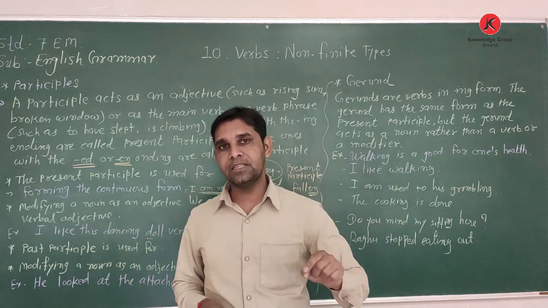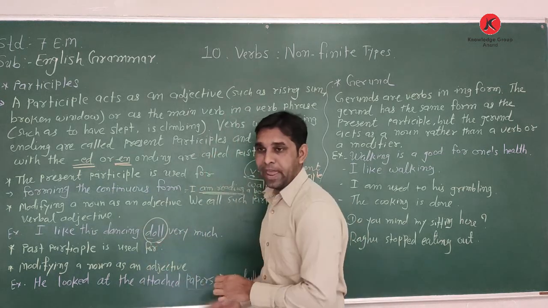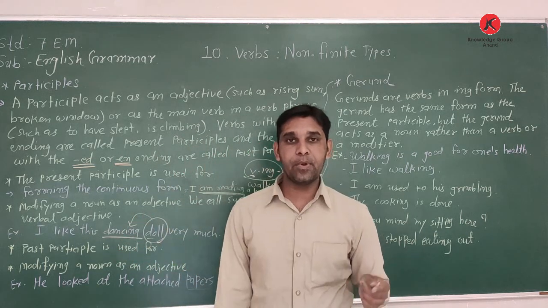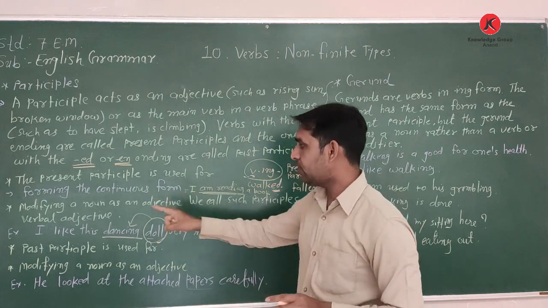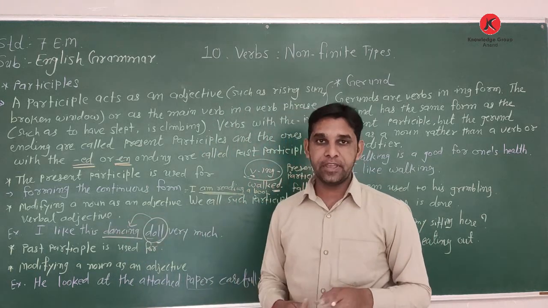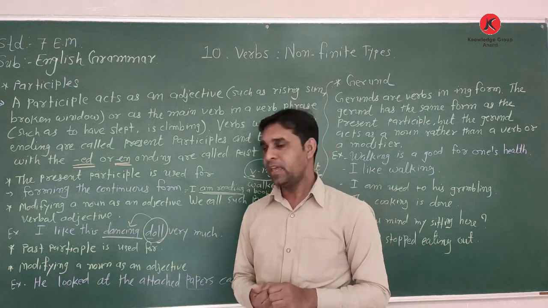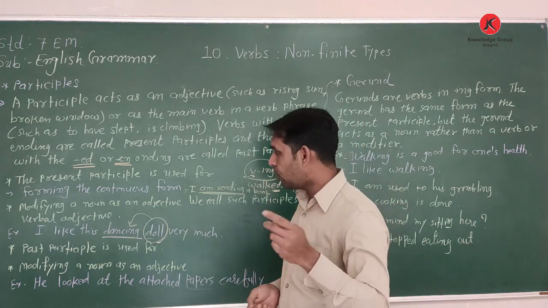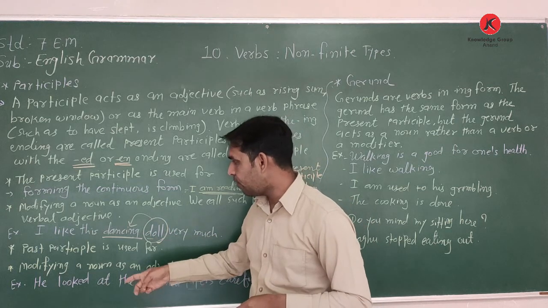Here the doll is the noun, and dancing is used as a present participle, a verbal adjective. So this is how we use the present participle with the continuous process: is, am, are with ing, or was, were with ing, or will be with ing.